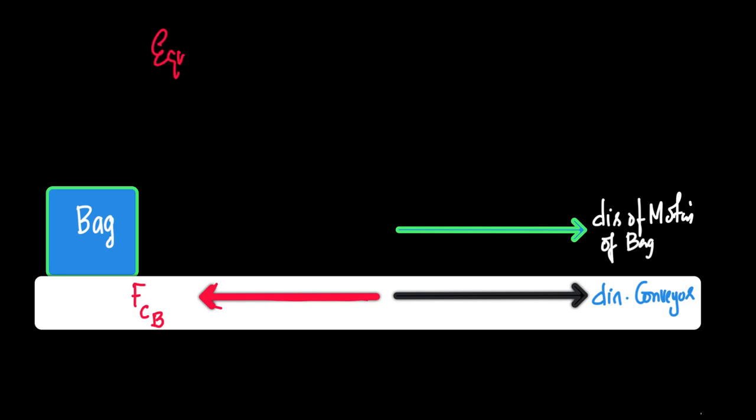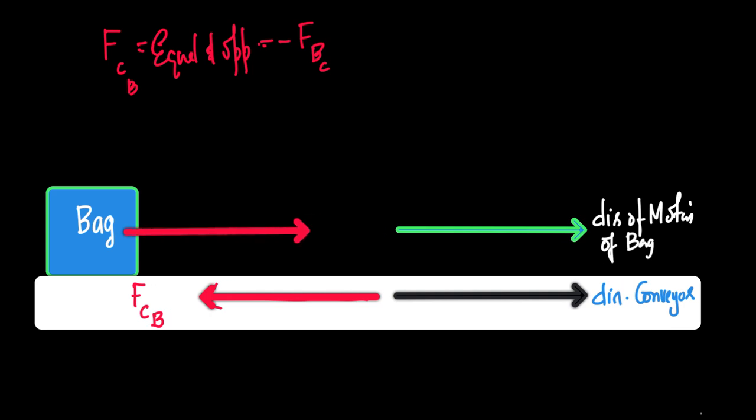So this is friction on conveyor due to bag, and there should be an equal and opposite one, which we can write as friction acting on bag due to conveyor. If we were to represent that, it would look like this. I hope that much is clear.